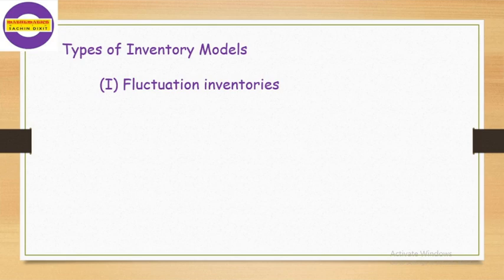In real life problems, there are fluctuations in the demand and lead times that affect the production of items. Such type of reserve stocks or safety stocks are called fluctuation inventories.